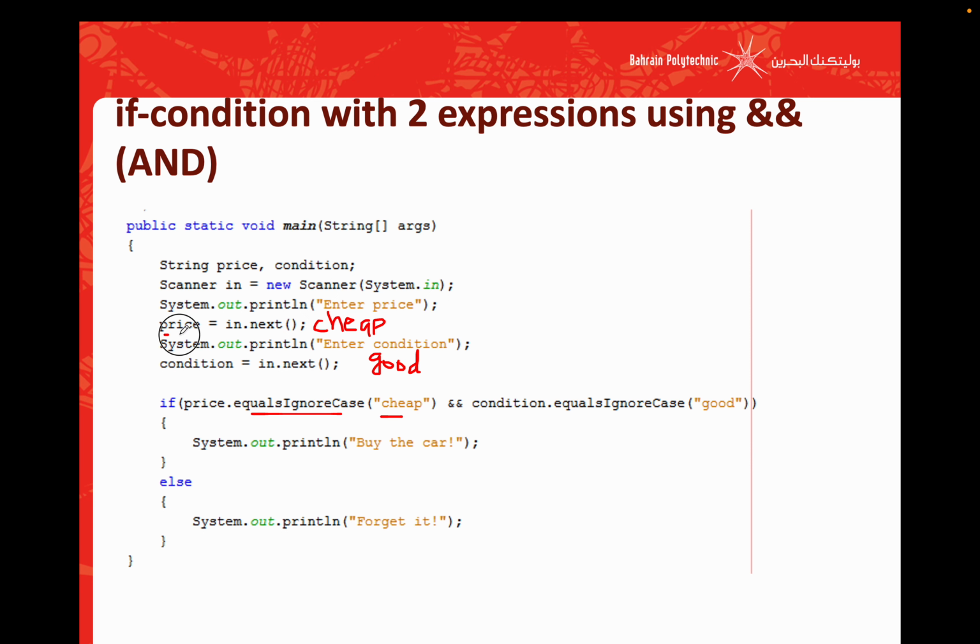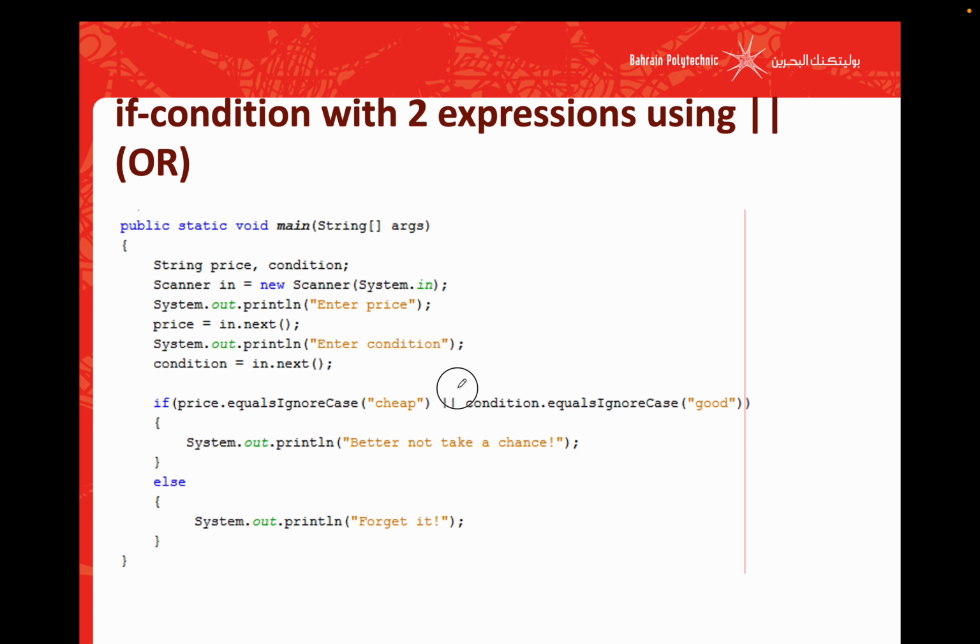Right now in price I have cheap, so that is true. This part is true. And then condition is good. In condition I said we have good right now, so this is also true. And because you have and here, true and true makes the whole condition true, so this will be the correct statement to be printed.